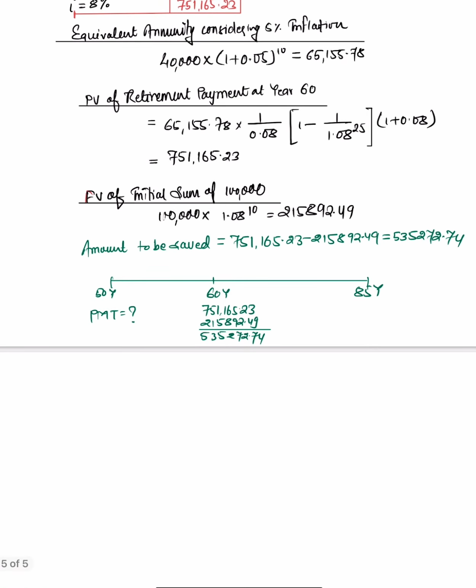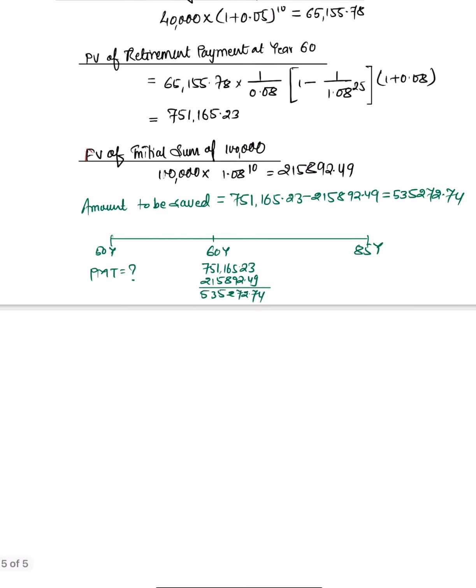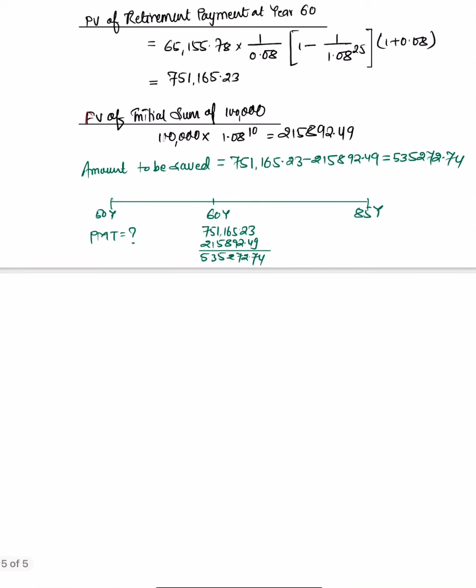If we accumulate this payment at the end of every year, it's an ordinary annuity. You just need to find the future value of the ordinary annuity, which we know how to calculate: the future value is PMT times (1 plus I to the power n minus 1) divided by I.